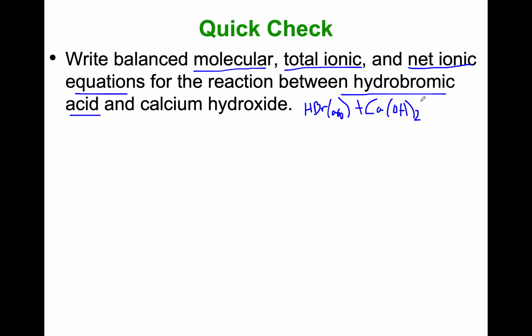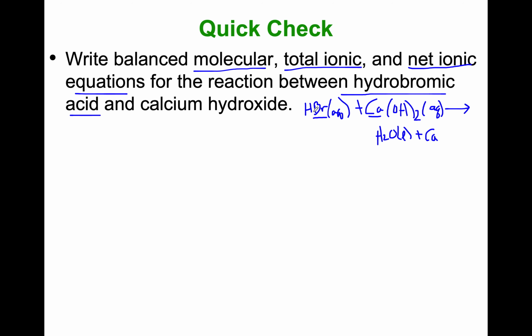If we see an acid plus a base, we should think immediately what's going to form. It doesn't tell us our products, so we have to predict them. Acid plus base equals a water plus a salt. In this case, the salt is made up of the metal calcium and the nonmetal bromide.